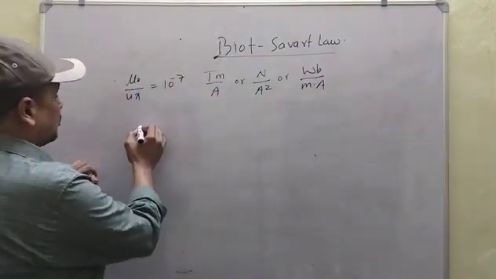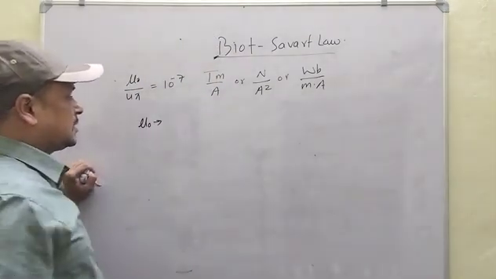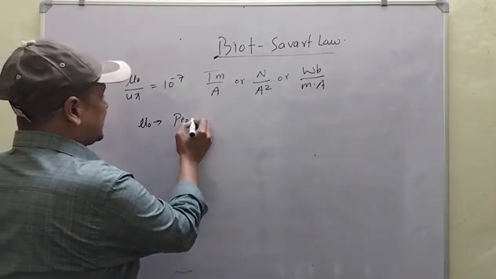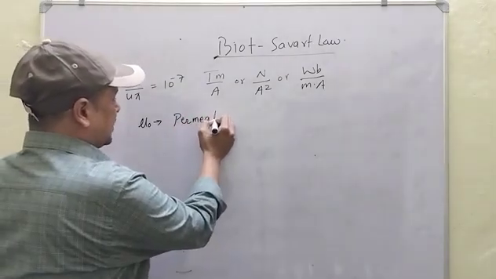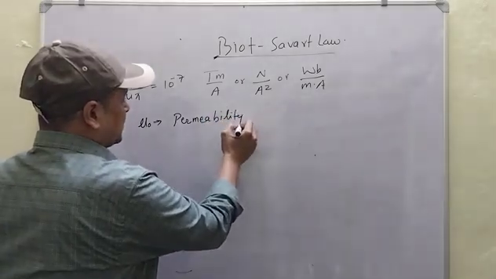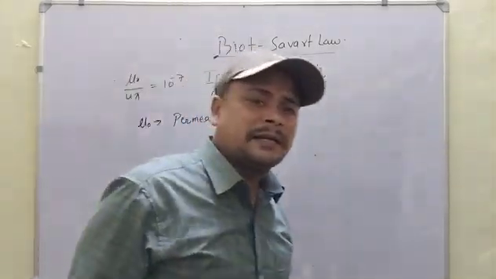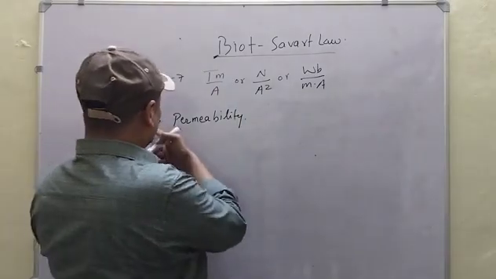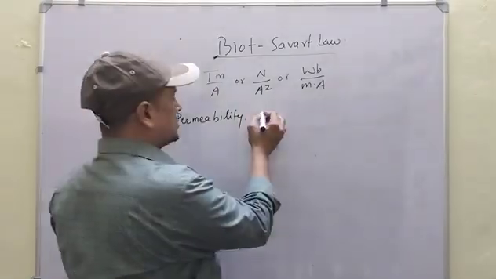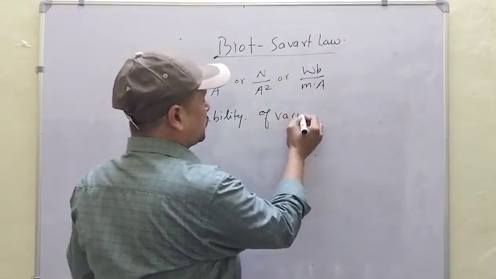Now what is mu naught? This is called permeability, and because of this naught, it is the permeability of vacuum.